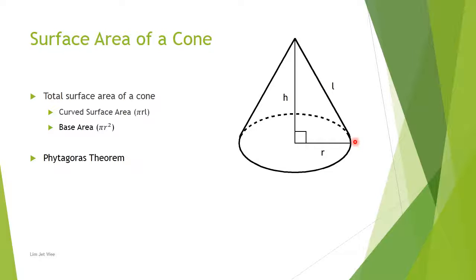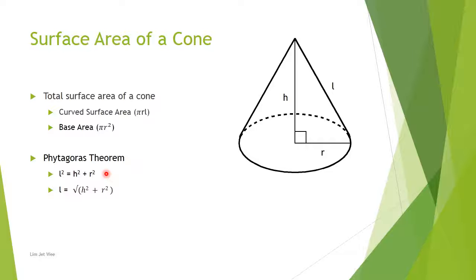If you look very closely, you will see that this H is one side, R is another side, and L is actually a triangle, and it is right angled. So I can use my Pythagoras theorem.